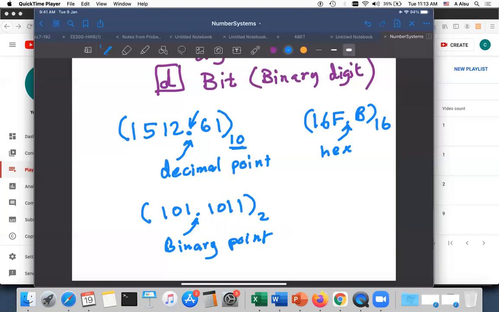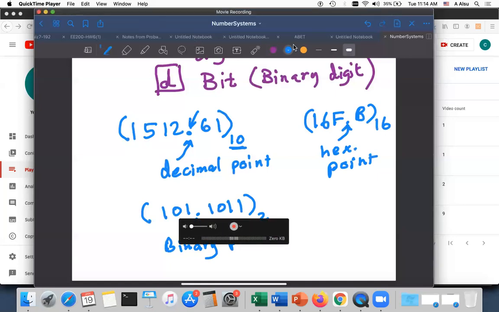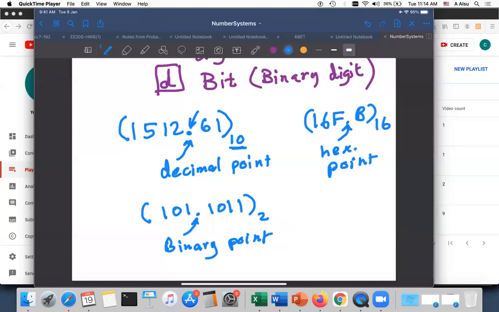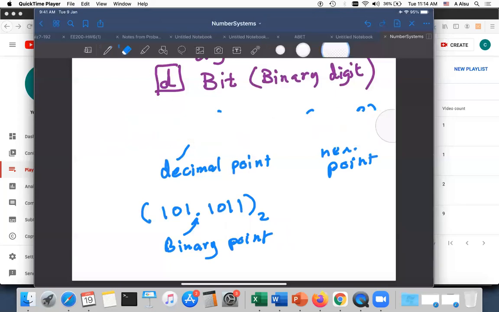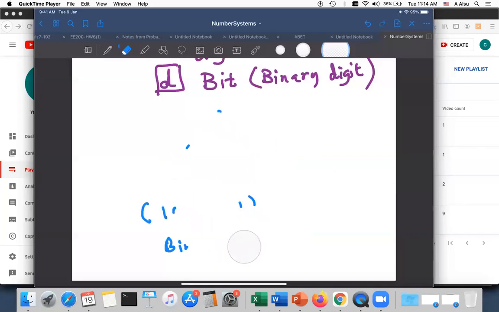Hexadecimal point. You understand that I'm just using a shorthand of hex to represent the hexadecimal keyword. All right. So we understand the concept of radix point now.